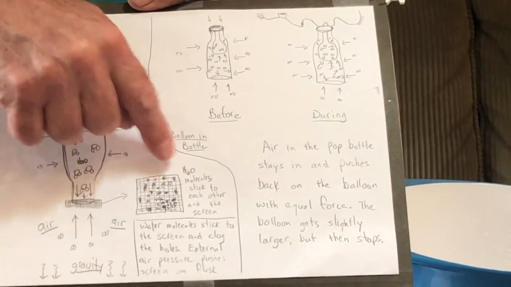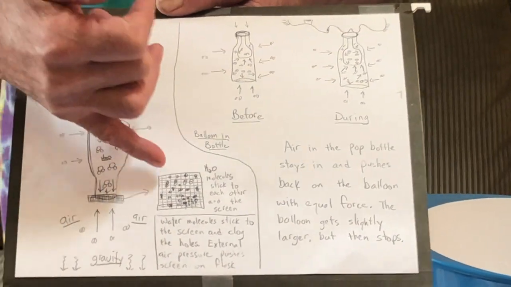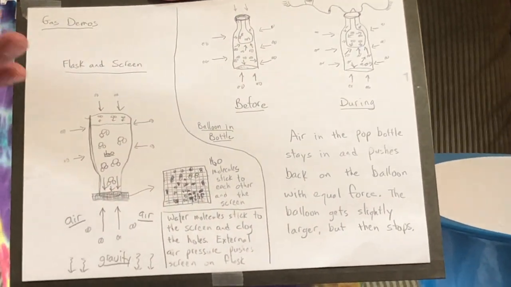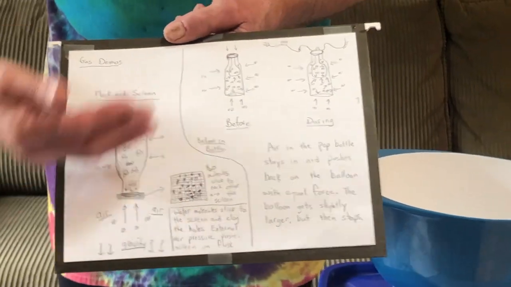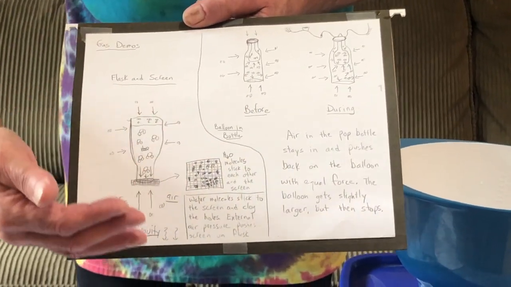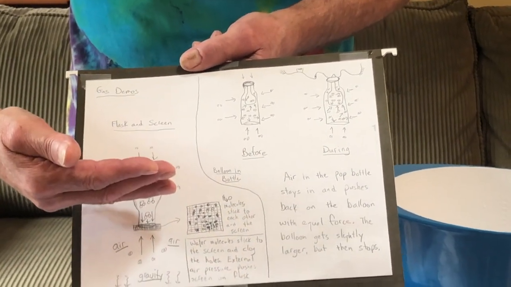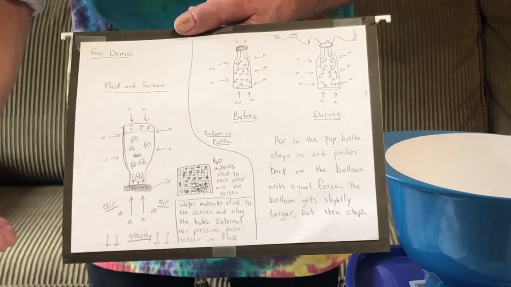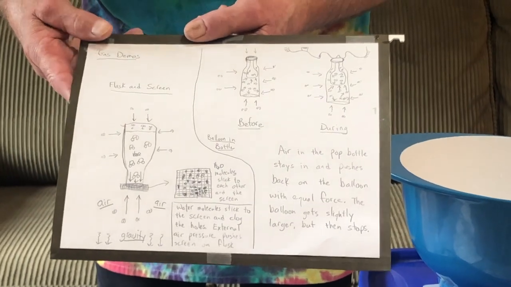Through the cohesive and adhesive properties of water, the molecules stick to the screen, and then the screen is on the bottom of the flask. But what's really holding it on there is that all around, there's air pressure pushing back up on the screen, and it is holding it with more pressure than gravity can pull it off, helped along by the adhesive and cohesive properties of water.